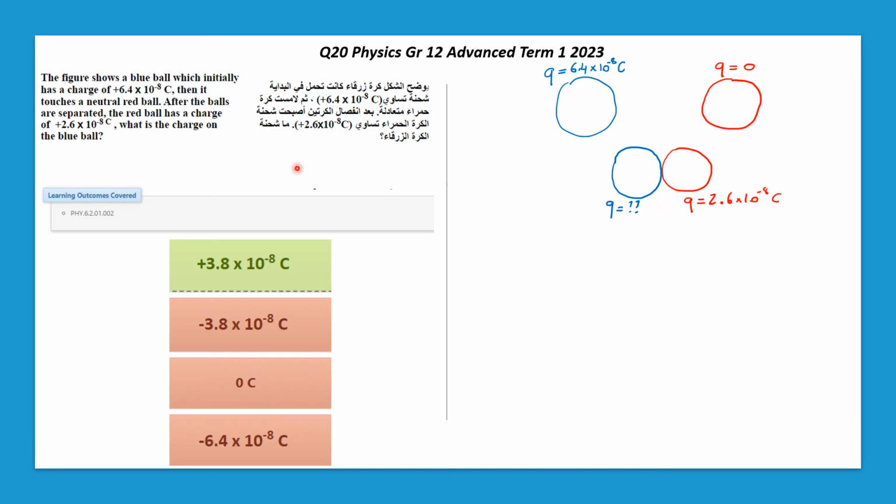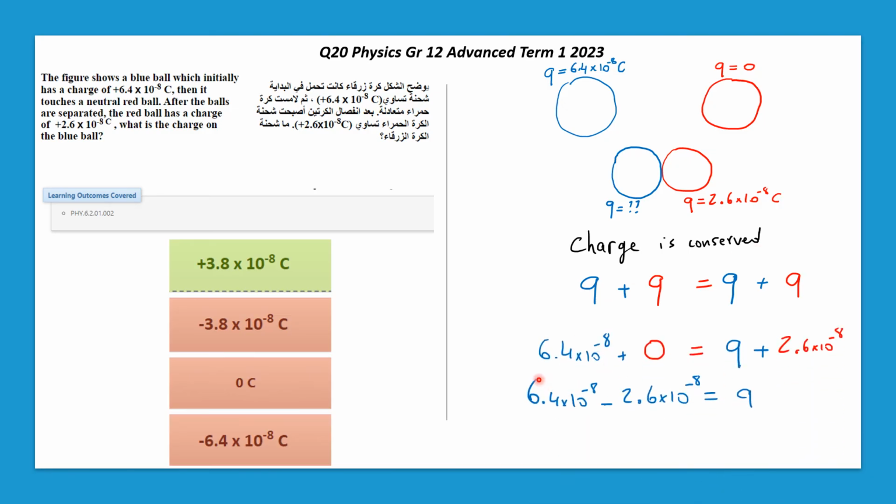In this question, they're asking what's the charge of the blue ball after they touch each other. That's the unknown here. Because of the principle of conservation of charge, the charge before is equal to the charge after. That's what we mean by charge is conserved.